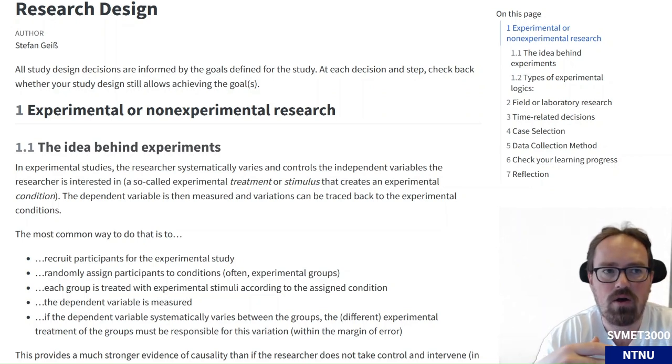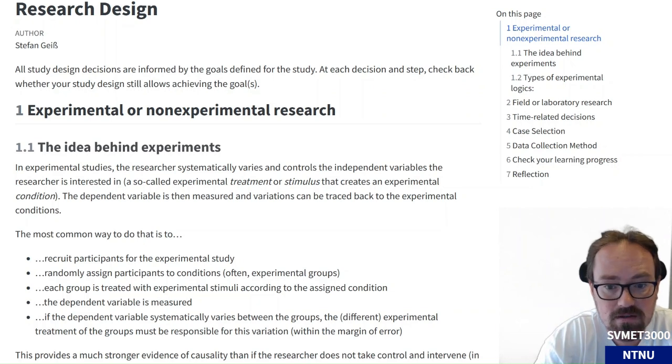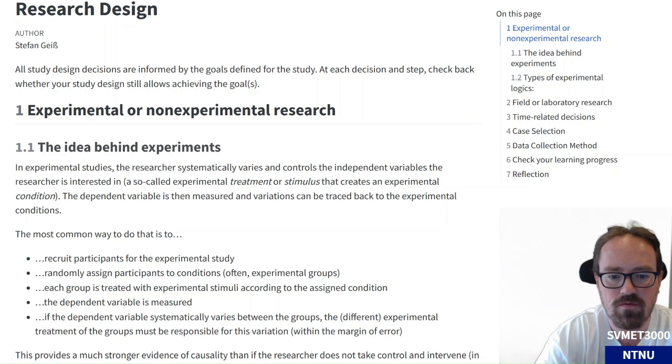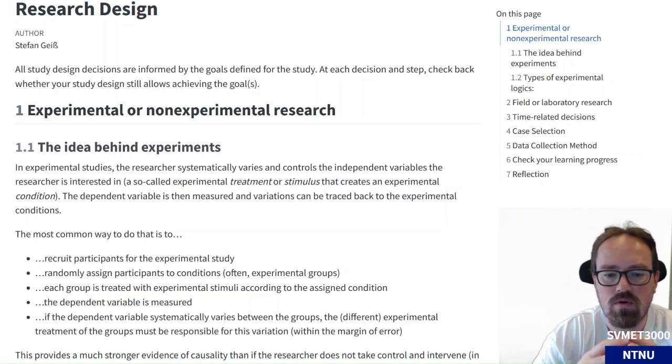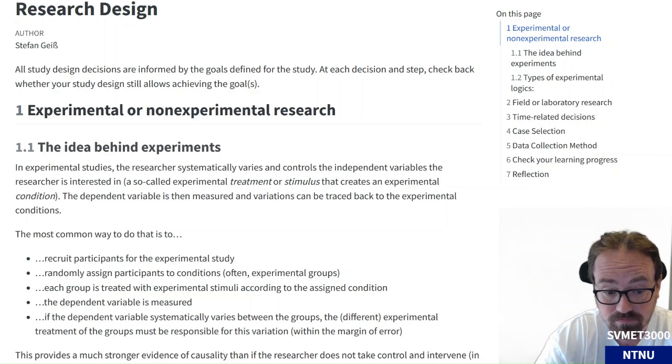Let's think about a treatment in medicine. So we recruit participants who suffer from a certain medical condition, and we have a promising medication for that. And then we randomly assign these patients to two different groups. One of them gets the real treatment, the medicine we think might work, and the other half gets a placebo.